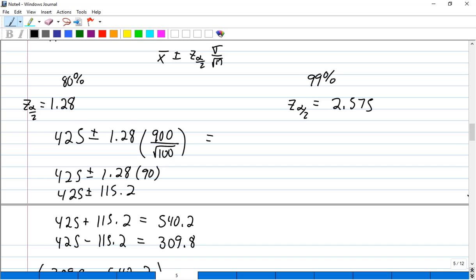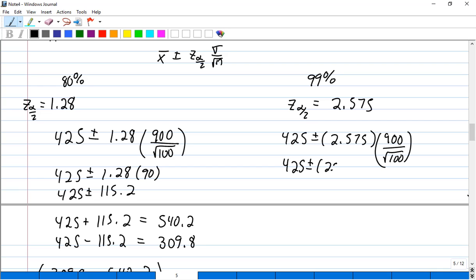All right, so I'm going to use the same formula. x bar, that was 425, plus or minus, we'll plug in 2.575, times the standard deviation, it was 900, divided by the square root of n, square root of 100. So it's going to be 425 plus or minus 2.575 times 90.